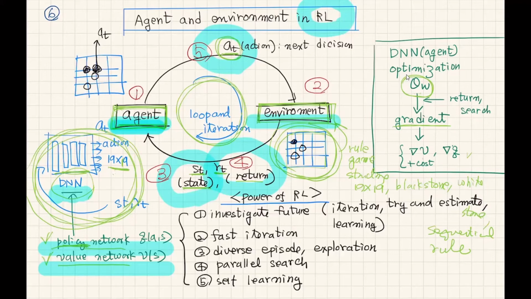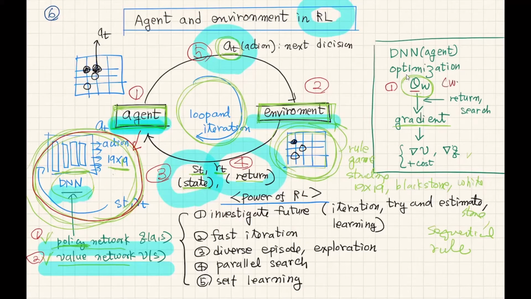And one more thing I would like to emphasize at this moment is that in our class, the agent will be represented by a deep neural network. There are two different types of deep neural network, policy network and value network. And when we are training and applying backpropagation, we have to define the deep neural network parameters.